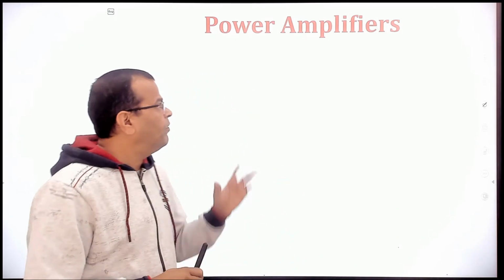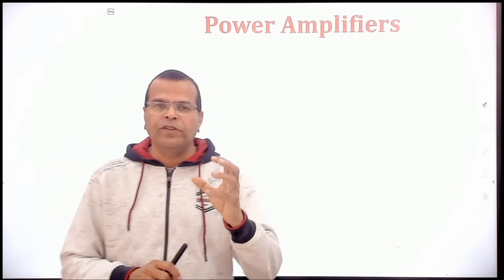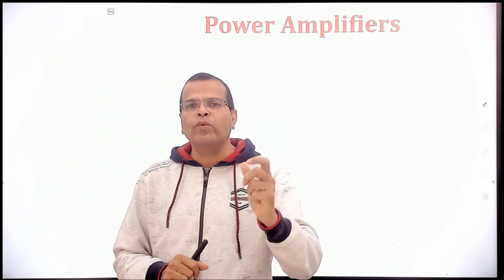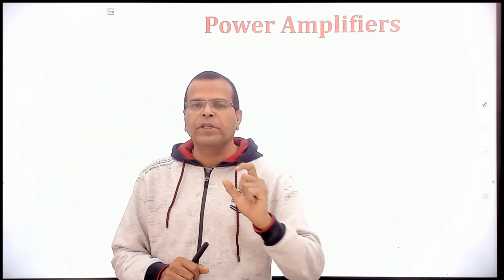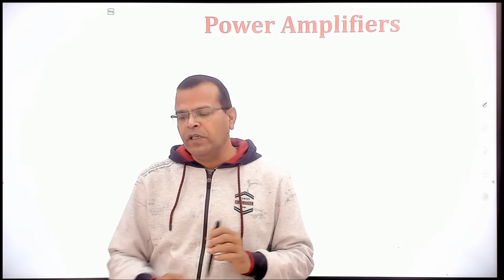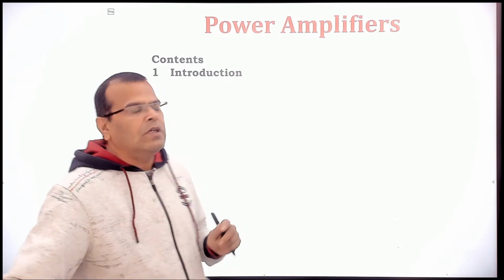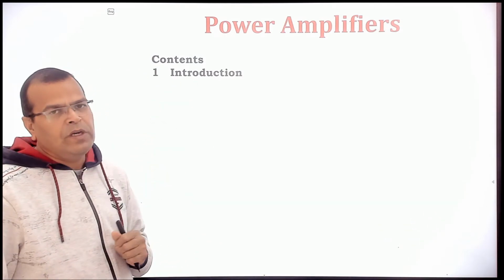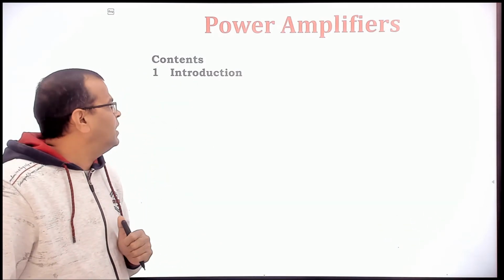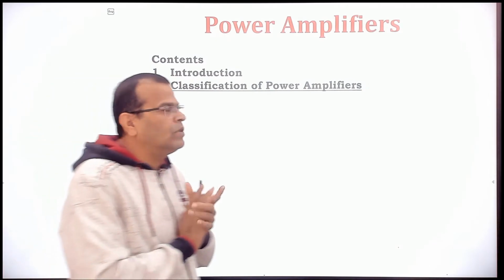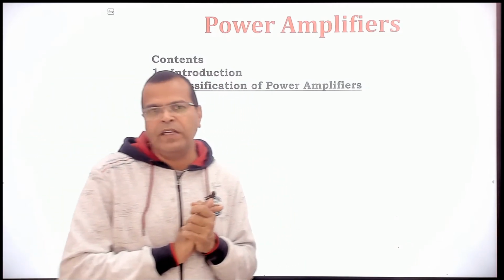of view. Before I start with the topics of this chapter, let us have a look at the whole syllabus which is likely to be covered in the chapter. First I will be giving you a small introduction to the power amplifiers. Then we will be talking about the classification of power amplifiers.